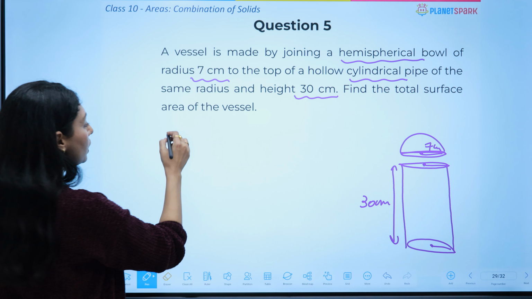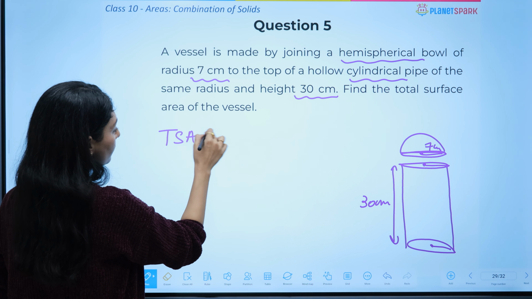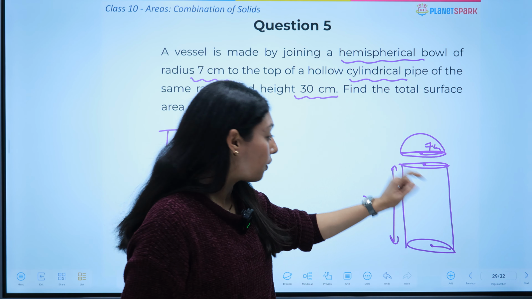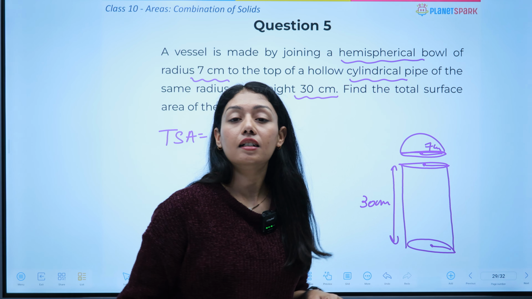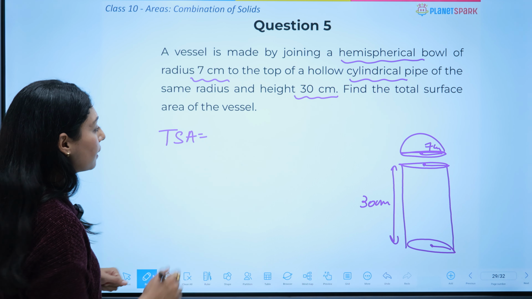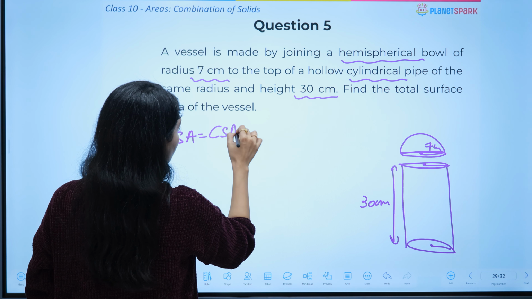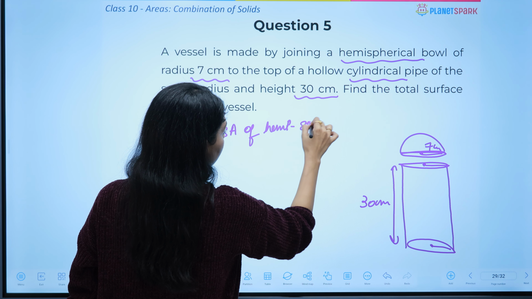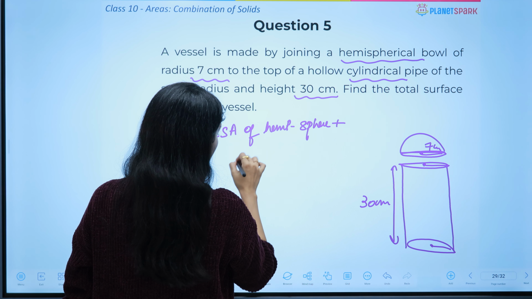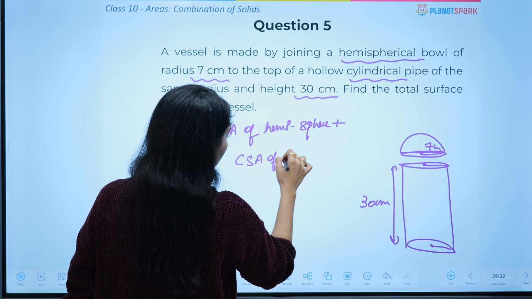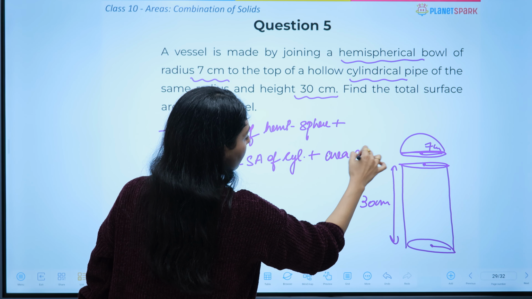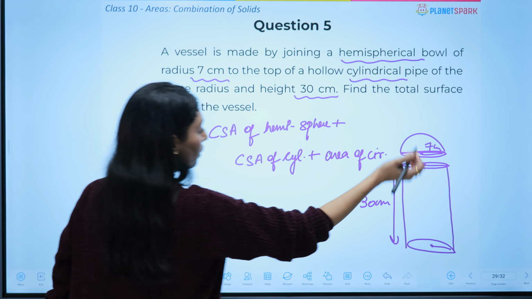So what all surfaces we will be considering, everybody? Tell me in the comments. Yes, the curved surface area of the hemisphere, the curved surface area of the cylinder, and the area of the circular base there, right? So CSA of hemisphere plus CSA of cylinder plus the area of circular base, right?